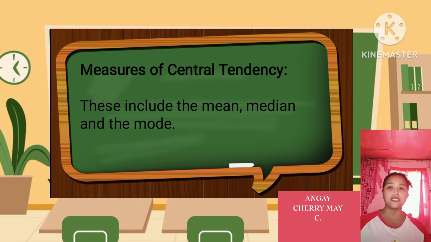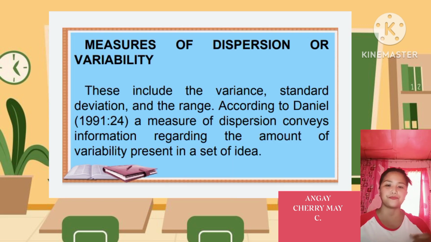The mode is simply the most frequent score, according to Blalock 1972. Then the median is the value above and below which one half of the observations fall, according to Neurosis.